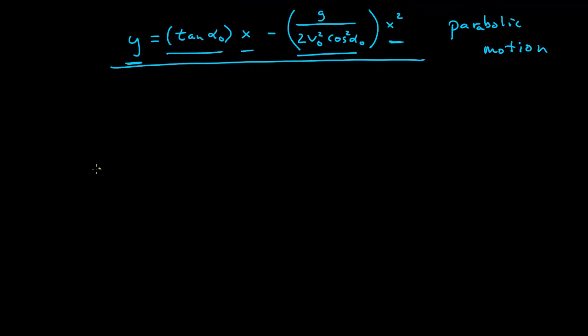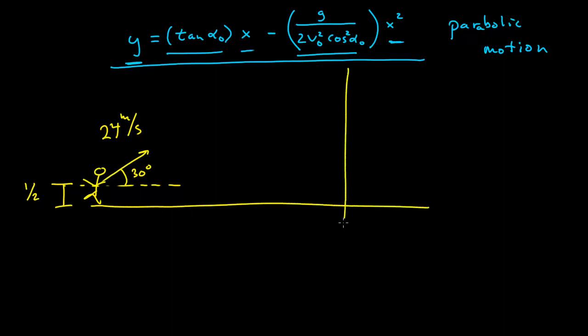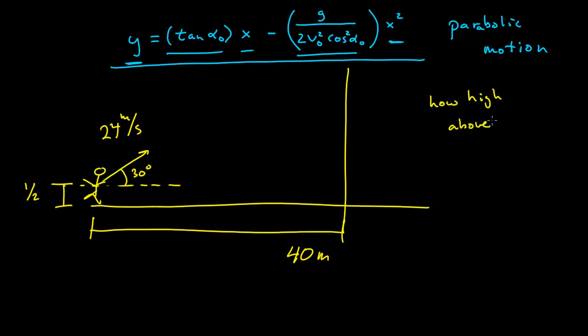Let's say we have a person and they're going to launch a ball 30 degrees from the horizontal, at 24 meters per second, and they're going to launch it 1/2 meter above the ground, and it hits a wall some 40 meters away, and we want to know how high above the floor.